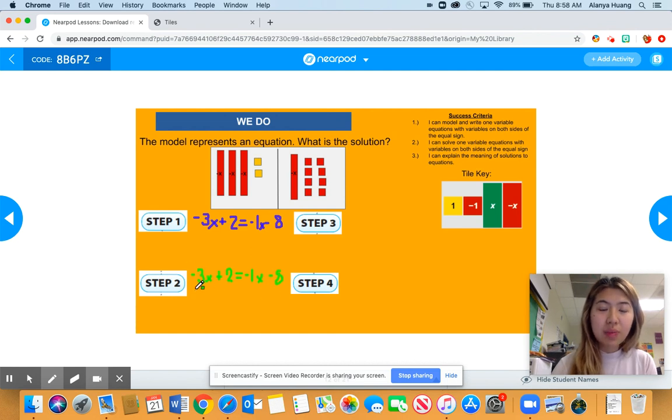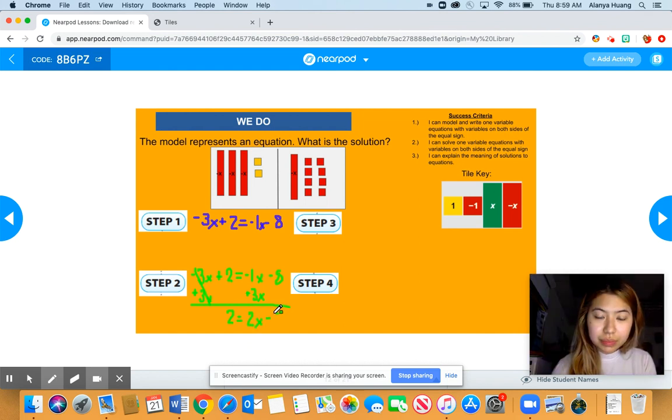So the opposite of negative 3x is positive 3x. So I'm going to add 3x to both sides. So that makes our first zero pair, because negative 3x plus 3x is 0. So then we're left with 2 is equal to, we have negative 1x plus 3x, which is 2x. So now we have 2x minus 8.